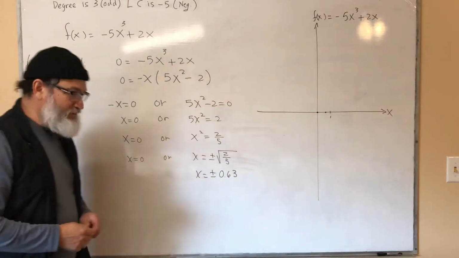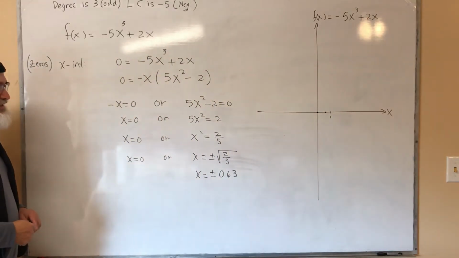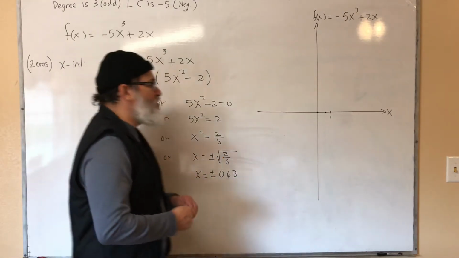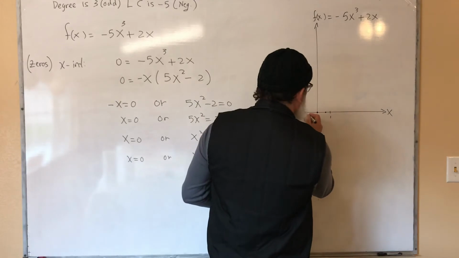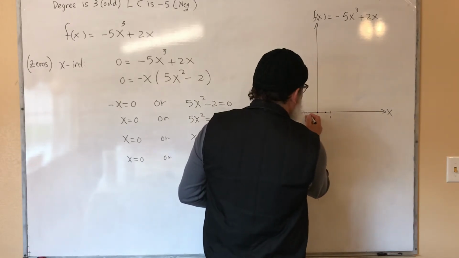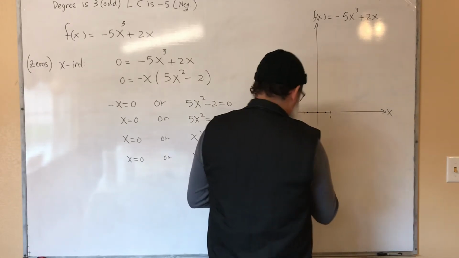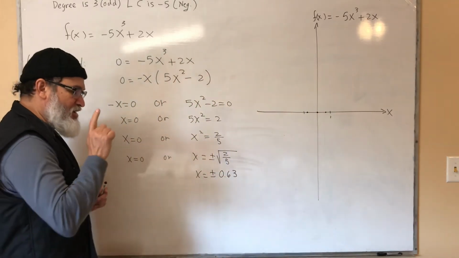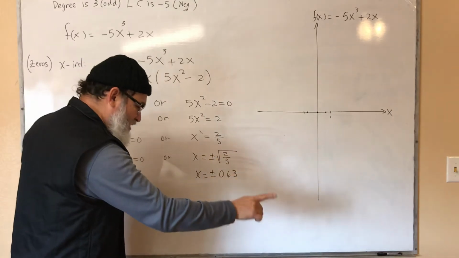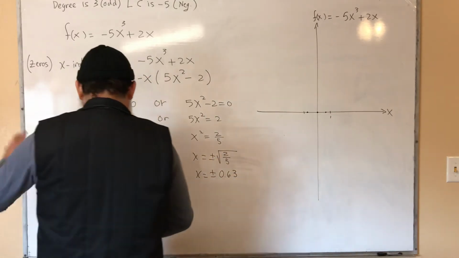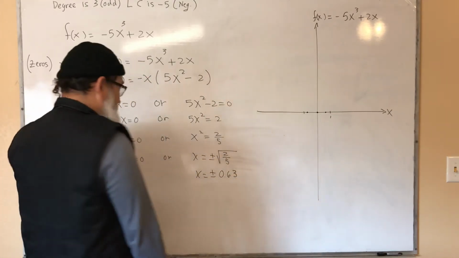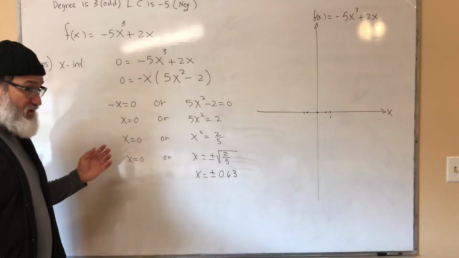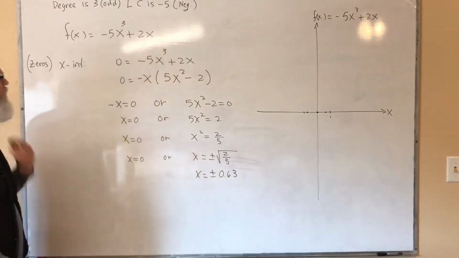When x equals negative 0.63, the function is 0. This is negative 1, and this is negative 0.63. You know that the function falls to the right and rises to the left, and you can verify that.